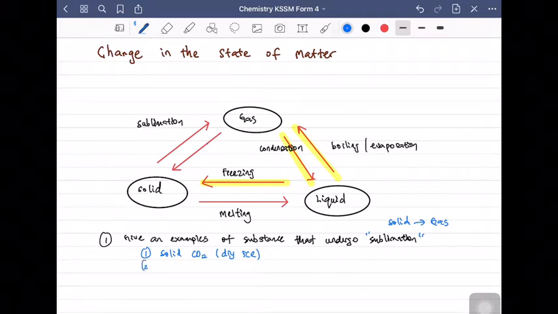The second example will be iodine. The third example will be ammonium chloride. And the fourth example is naphthalene.